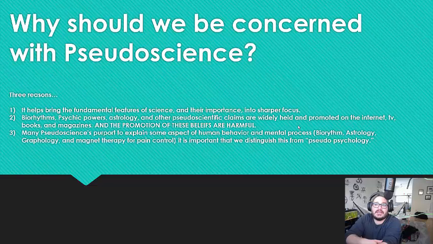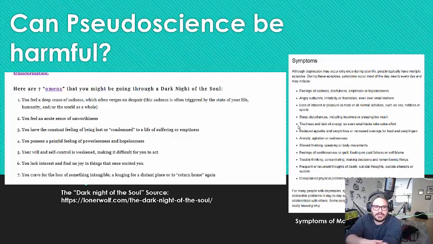And the promotion of these beliefs are harmful. I'll get to that in a second because it's really important that we talk about that. Many pseudosciences purport to explain some aspect of human behavior and mental process, so biorhythm, astrology, graphology, and magnet therapy for pain control. It's important that we distinguish this from what the field calls pseudopsychology.